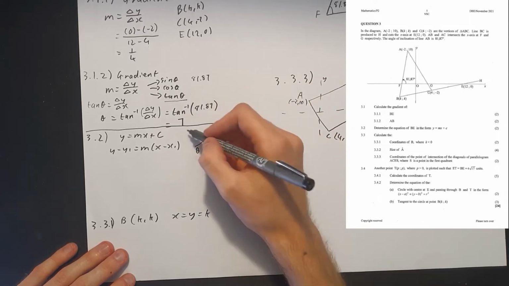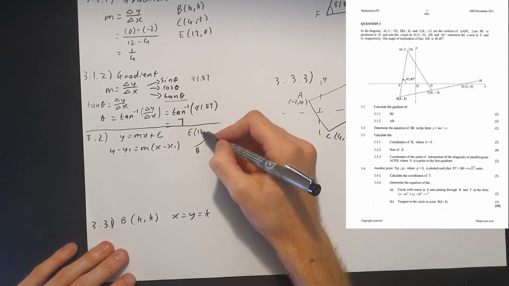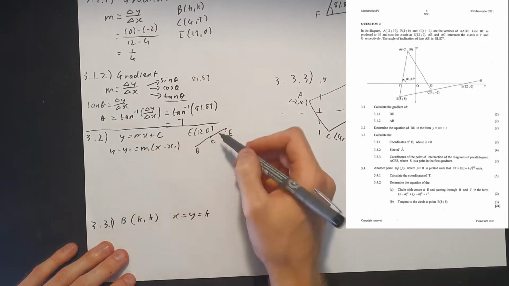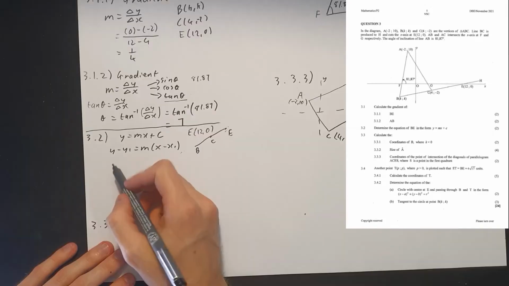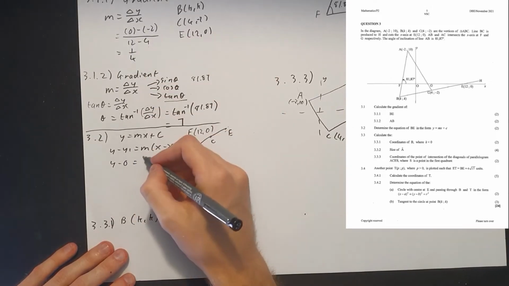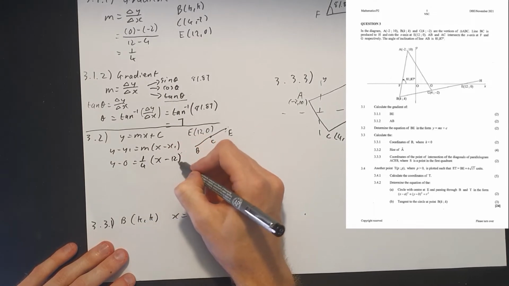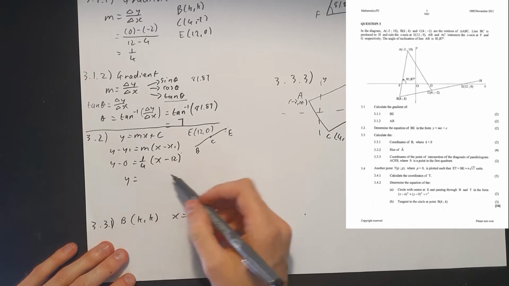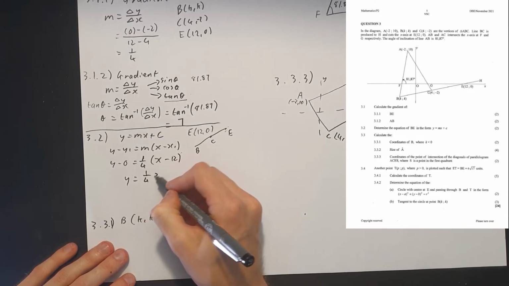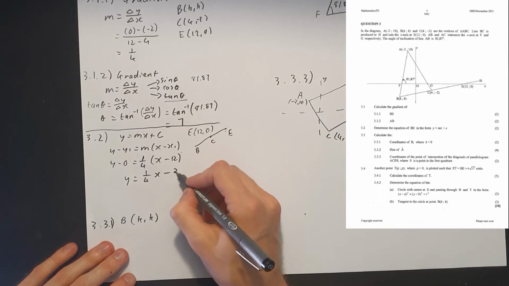I am going to use E, simply because the y value is 0. So E is 12 and 0. Plugging it into our formula over here, we have y minus 0 equals our gradient, which was 1/4, times x minus 12. Therefore y equals 1/4x, and then 1/4 of 12 is going to give you -3.